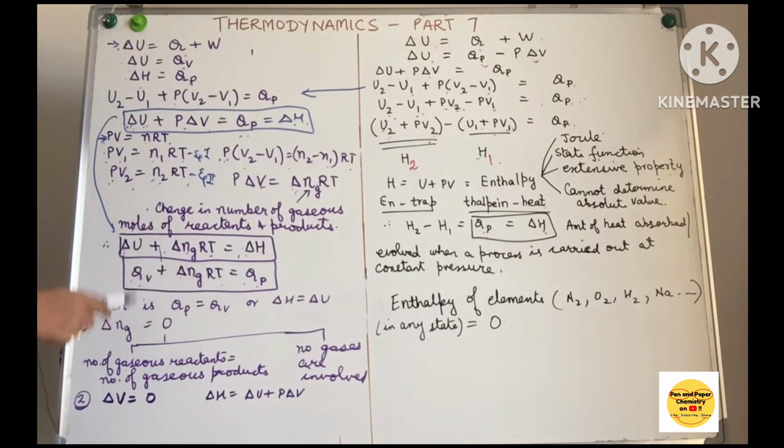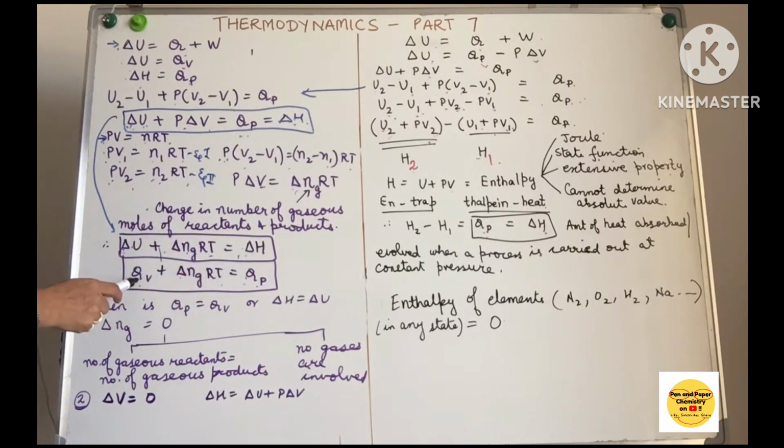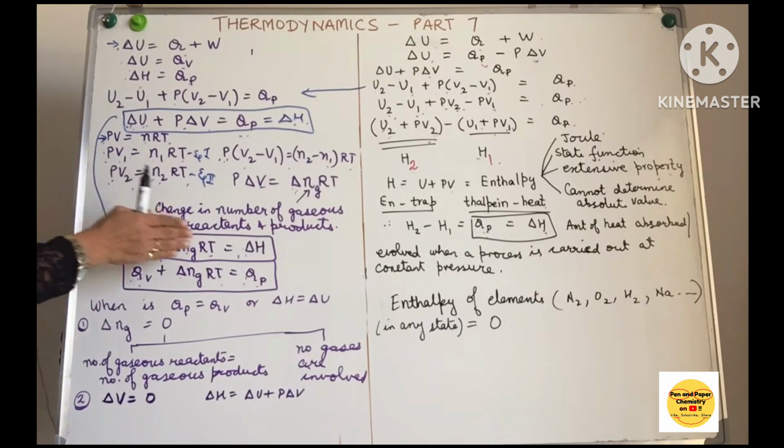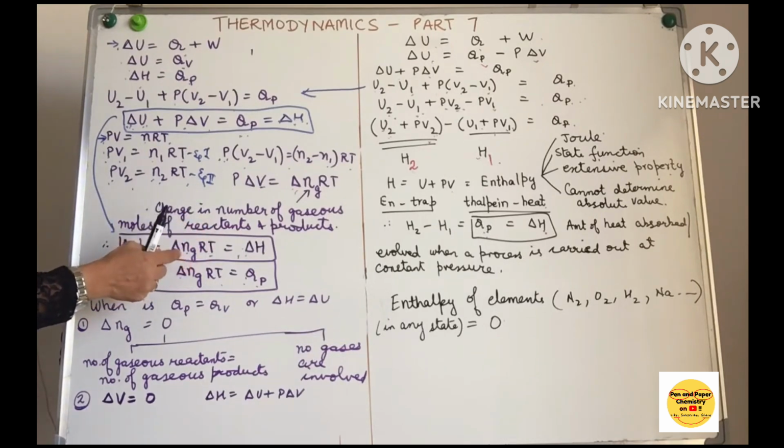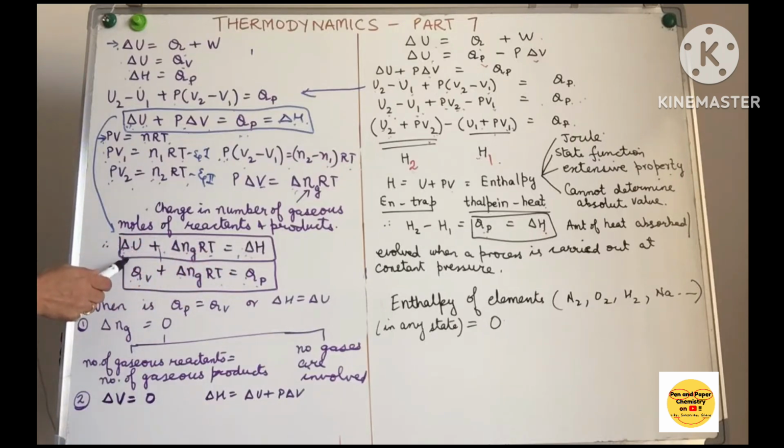Under what conditions can our delta H become equal to delta U or QP become equal to QV? Very, very simple. If for any reason this value, that is delta ng RT, becomes 0, we will have delta H equal to delta U. Now, when will this become 0?